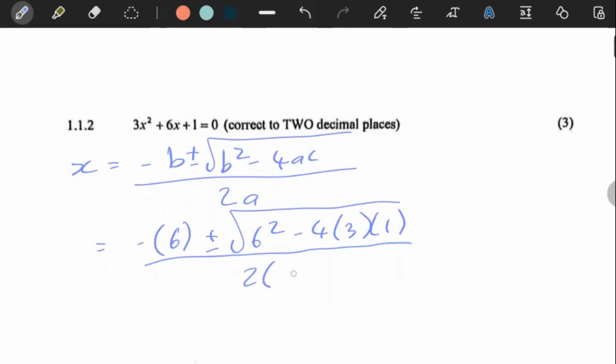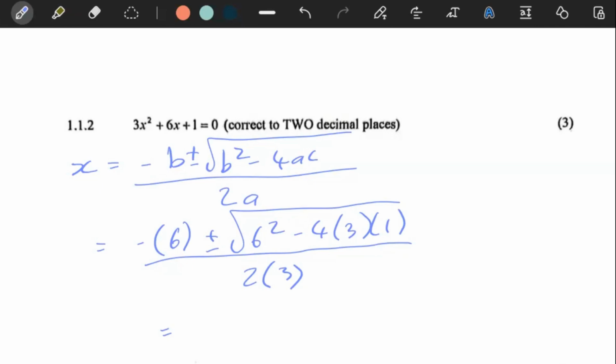Everything was already given in standard form, so you don't have to worry too much about anything, you see. So minus B plus or minus the square root of B squared minus 4AC, all over 2A. There you go.